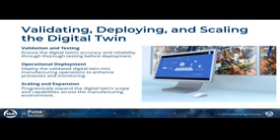Then validating, deploying, and scaling of the digital twin is important. Let's talk about the validating and testing. Once the digital twin is created, it is very important to ensure that this digital twin is providing accurate and reliable information, because it's going to be a single source of truth for those who are collaborating on that platform.